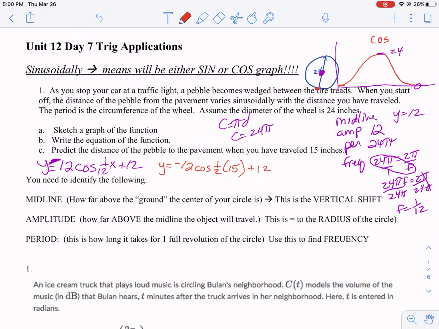For when I plug that in. So let's see, we have negative 12 cosine of 1/12 times 15 plus 12.